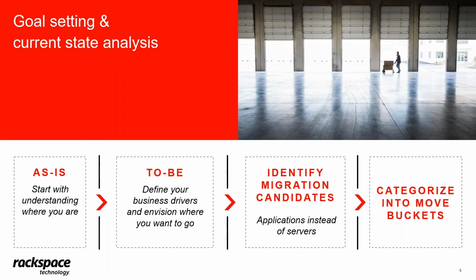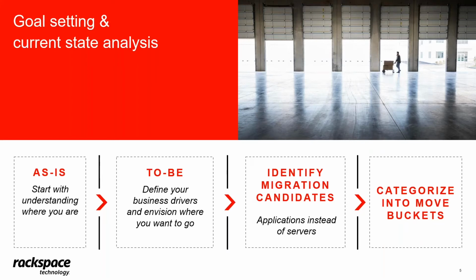And by that, I want to point out, we mean applications. We view that more on an application than on a server level, because a migration, of course, is a migration of servers and infrastructure, but it's also applications, and a modernization even more is much more related to the applications than the servers. So once you have identified those migration candidates, then you can start categorizing into what we call the move buckets.